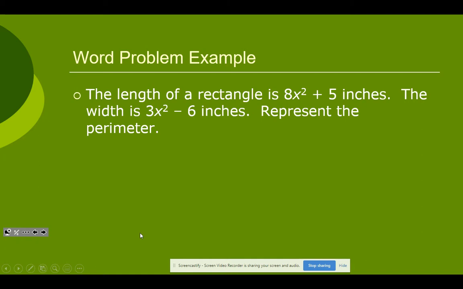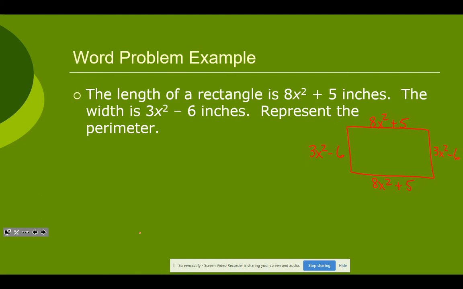So as I said, you should be drawing it out. Draw yourself a rectangle. The length is 8x squared plus 5. It also means the opposite length is 8x squared plus 5. The width is 3x squared minus 6. So is the opposite width.